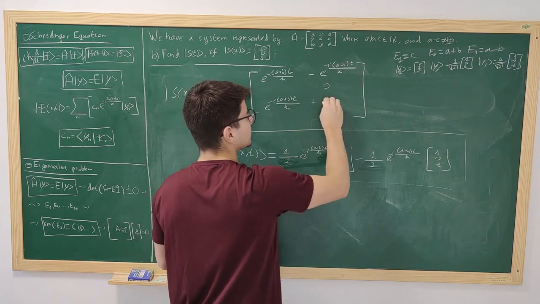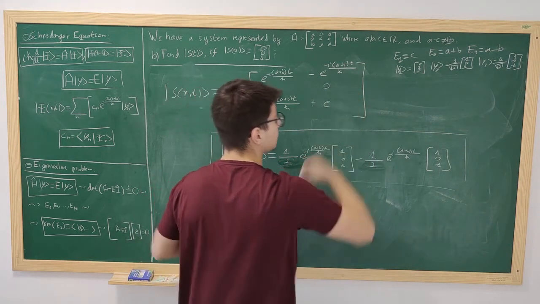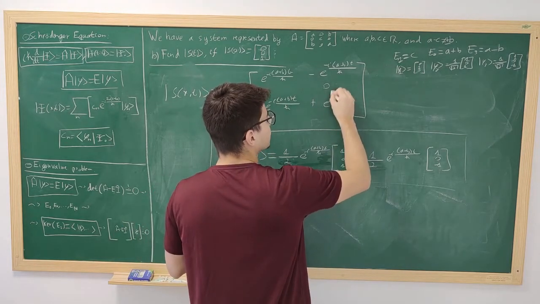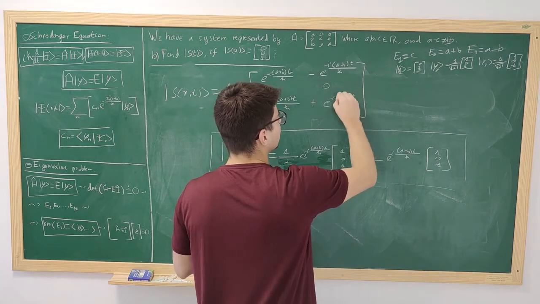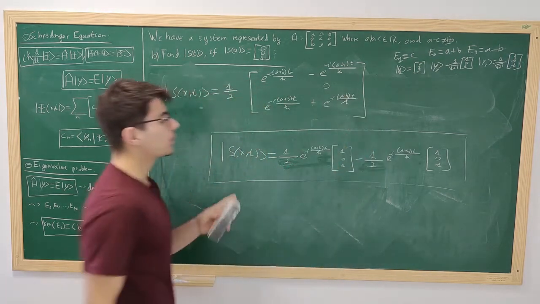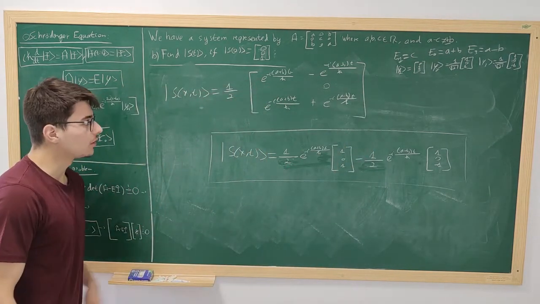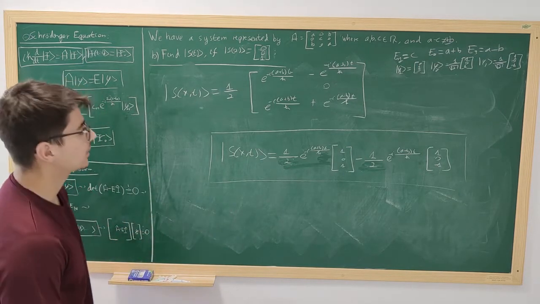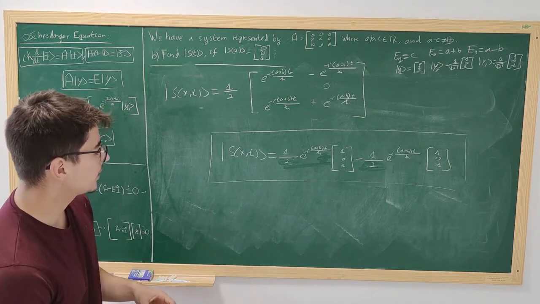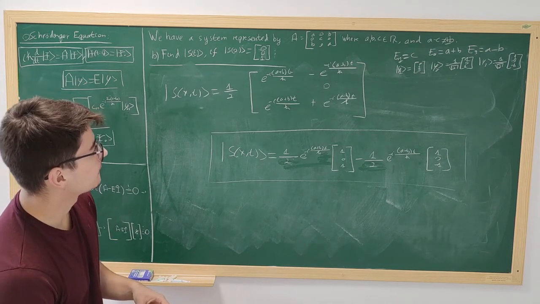Here just plus, right? Yes. And this is what we get. So we can rewrite this using Euler's formula as follows. Let me just check that I wrote everything correctly. Yes.